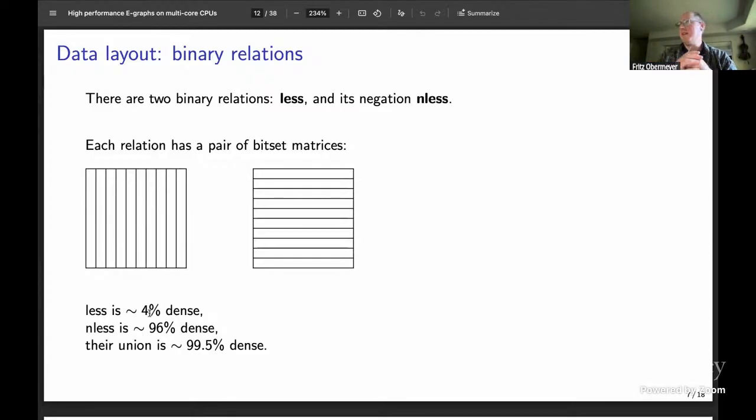I'm in this wonderful scenario compared to you guys where I don't have to deal with customers on the other side of a corporate barrier. I know exactly the model, and so I can hard code the compiler to say, oh, I know that this table is this dense. So that allows a lot of performance optimization.